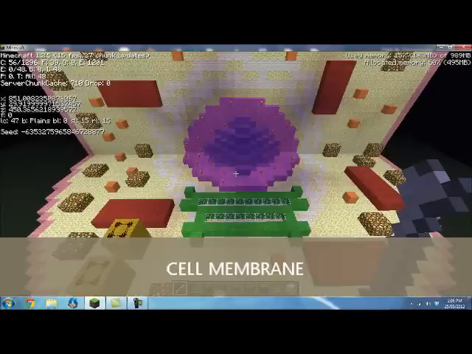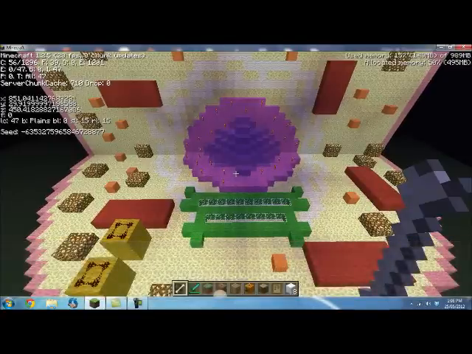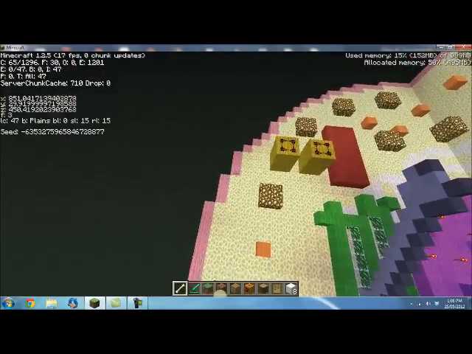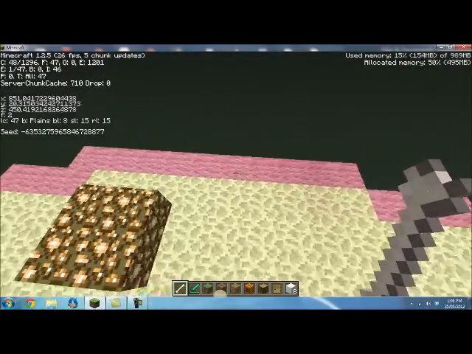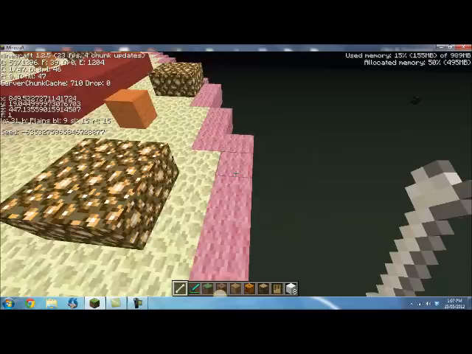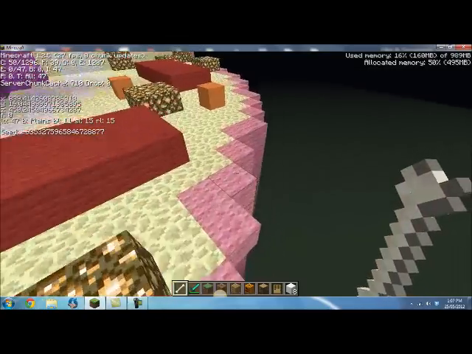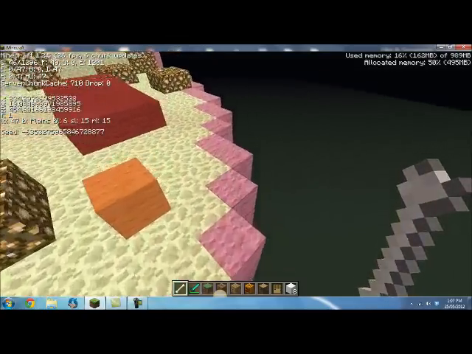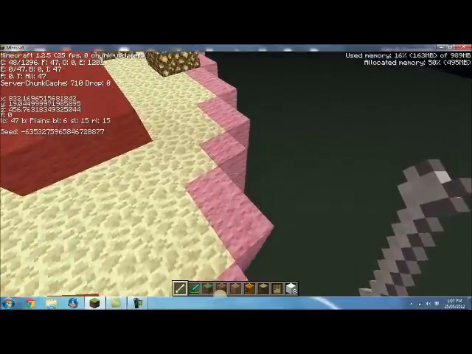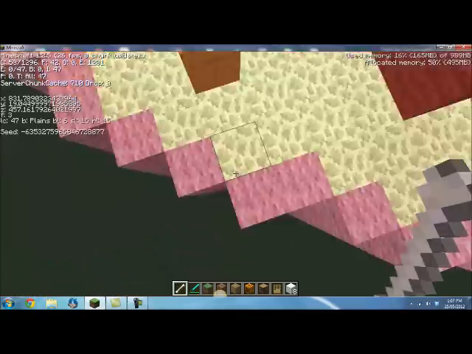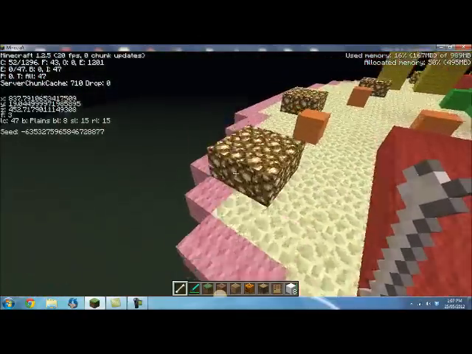Now, the cell membrane. A cell membrane is a thin outer boundary of the cell, and it holds the cytoplasm inside. I've got it here as this pink color, and it controls what goes in and out of the cell.